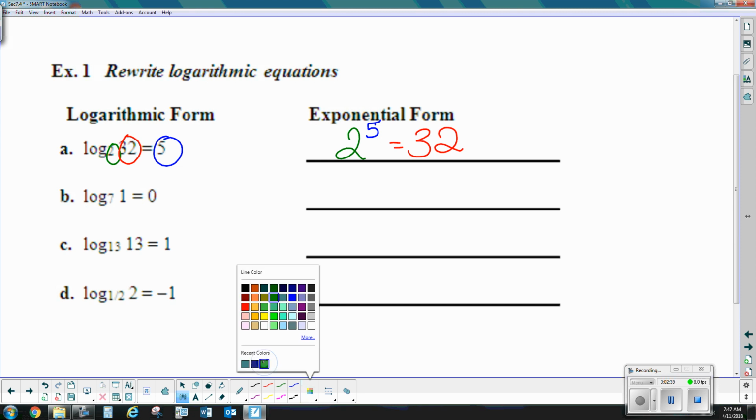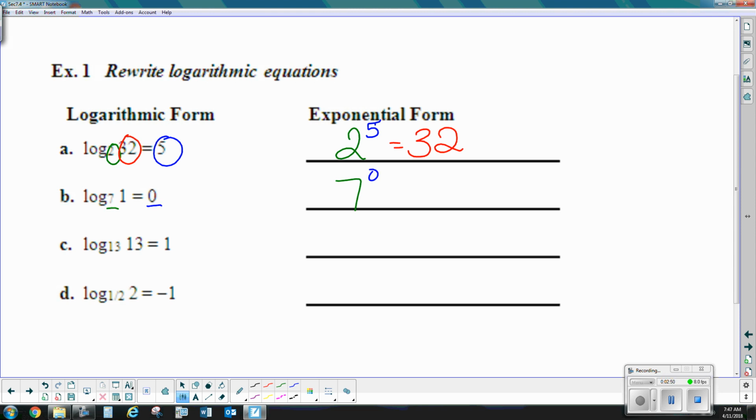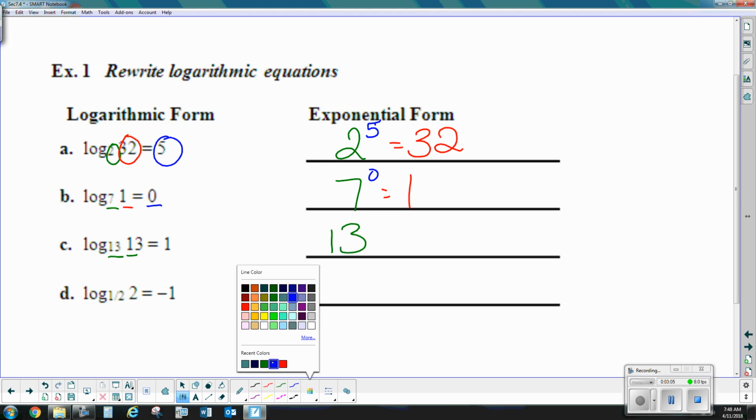So again, here is your base, 7 to the 0 power equals 1. And 13 to the first power equals 13.